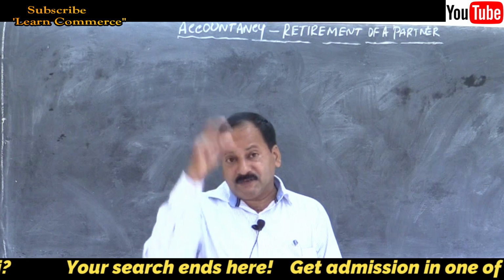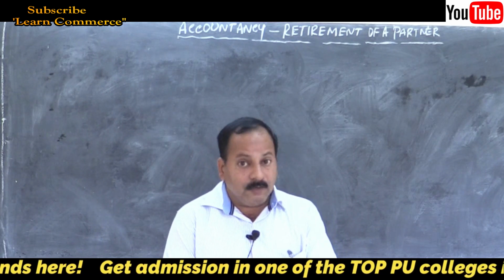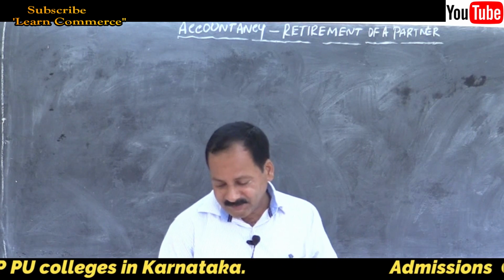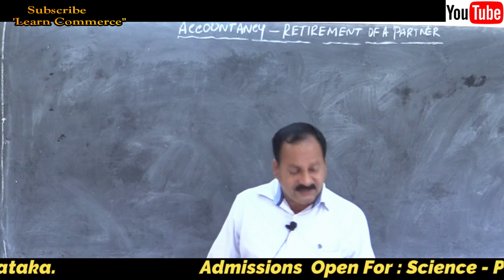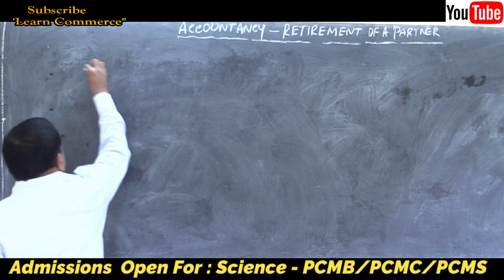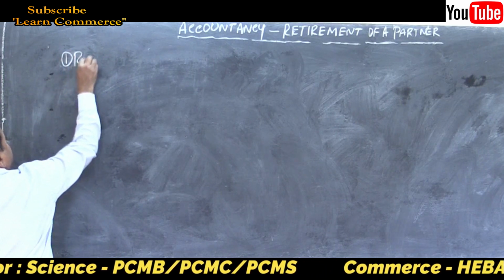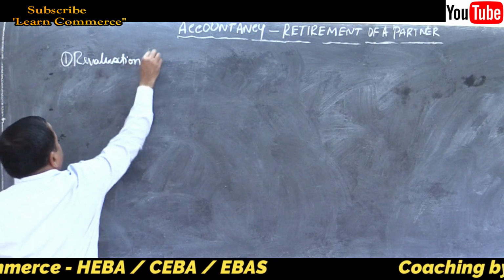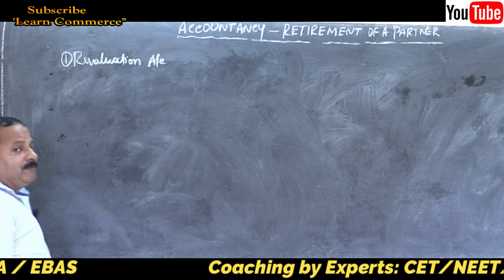First of all, what is the procedure to be followed while solving a problem on retirement of a partner? Let us know that. First one is we have to prepare revaluation account, like we did under admission of a partner.